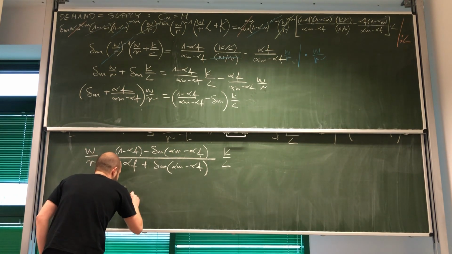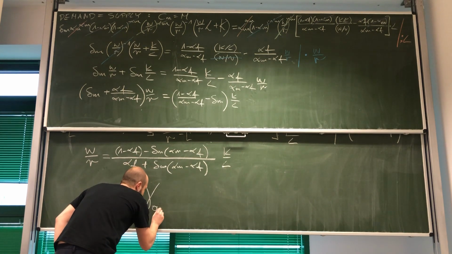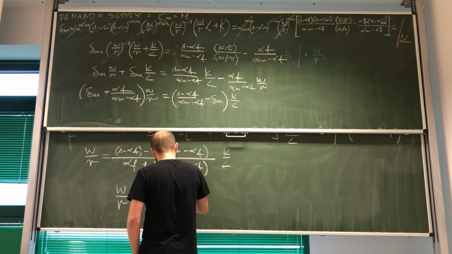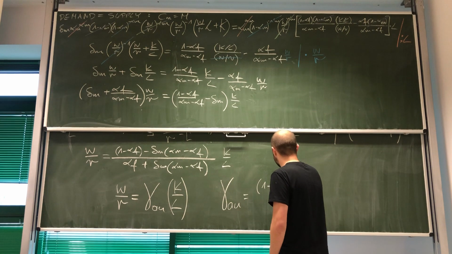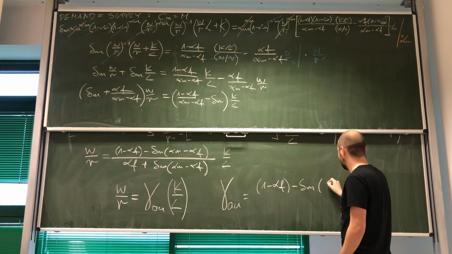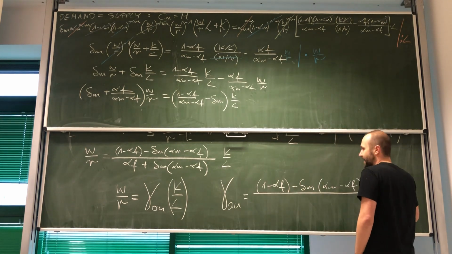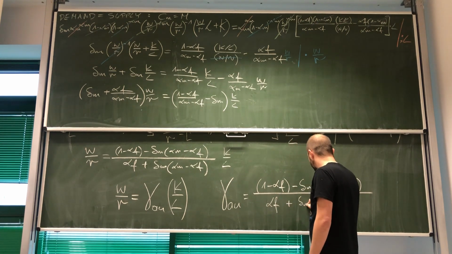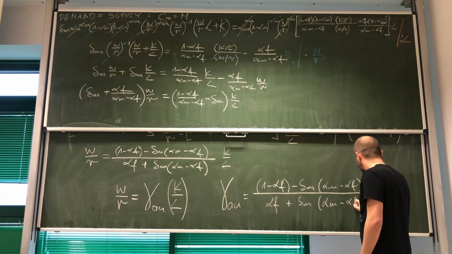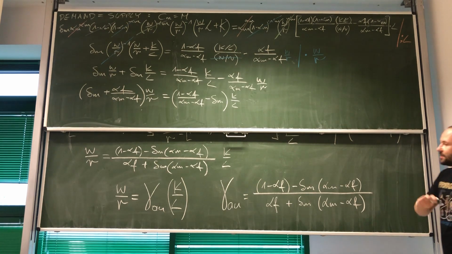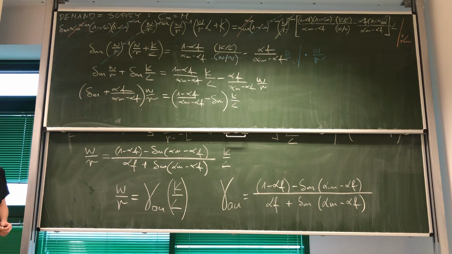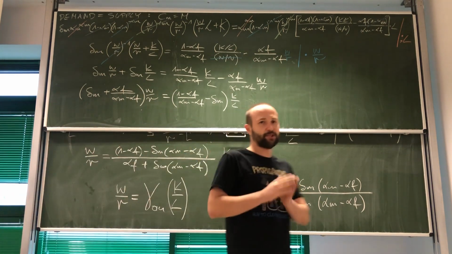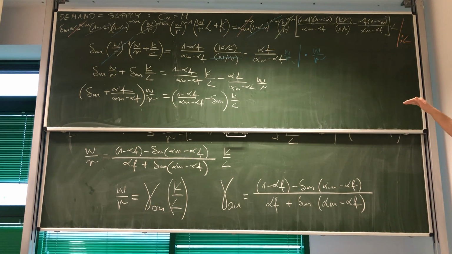So we got that W over R is equal to gamma autarky times K over L. Where, of course, gamma autarky is equal to 1 minus alpha F minus gamma M times alpha M minus alpha F divided by alpha F plus gamma M times alpha M minus alpha F. Okay, and this is where we've obtained the relationship that we used to establish the equilibrium in autarky, and this is the relationship that actually helps us to find the relative price ratios in Austria and Bolivia.